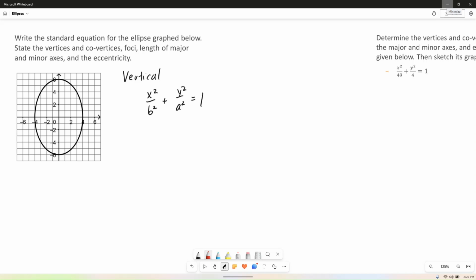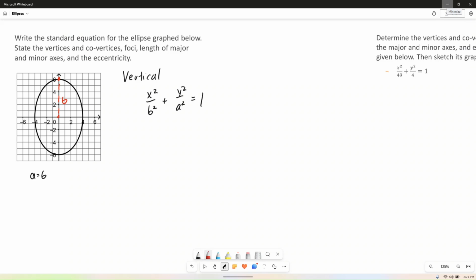Since this is oriented vertically, we want to find the distance from the center to the top of the graph, or you could say from the center to the bottom. If the center is at the origin, then we are 6 units up to the top of the graph. So that a value is going to be 6.